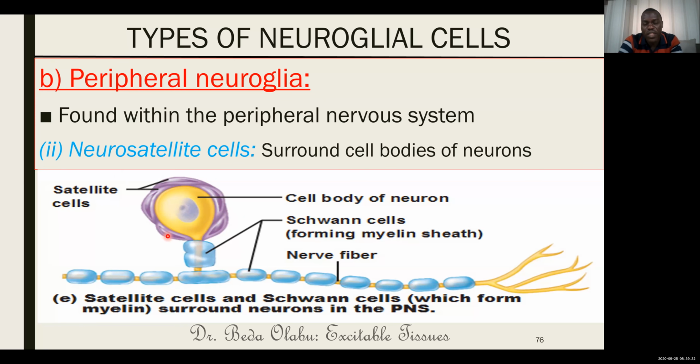If you are outside the central nervous system, you are in the peripheral nervous system. So you can compare satellite cells or neurosatellite cells to astrocytes, except that now astrocytes are in the CNS. These ones are in the PNS.